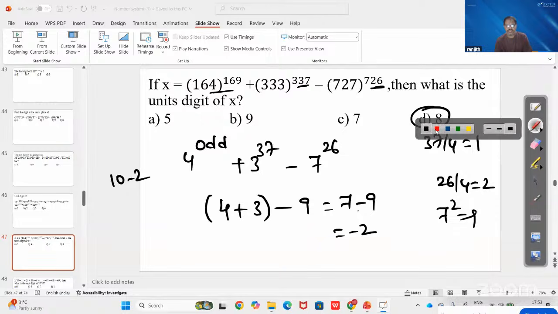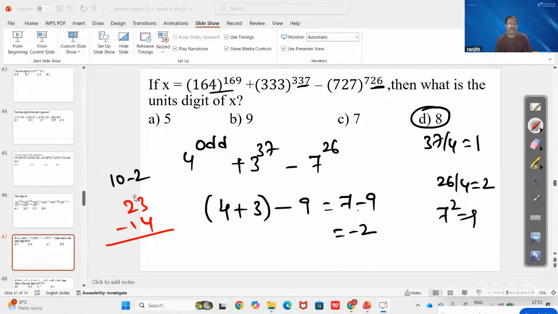So if you look at some basic question, 23 minus 14. Here, if we observe, the total number is visible. If I take only units places 3 and 4, it is difficult to subtract, so we need to take the borrow. So that is 13 minus 4. Or else we'll go with 3 minus 4. 3 minus 4 will be equal to minus 1.